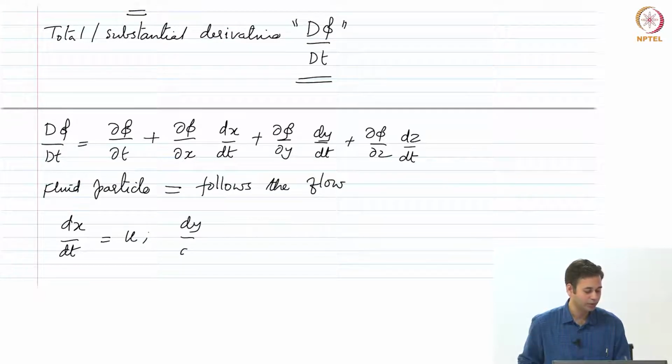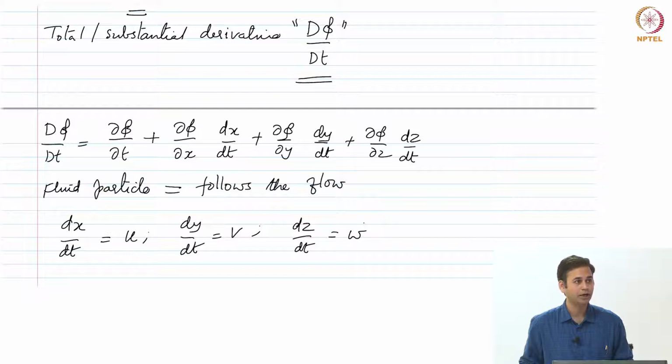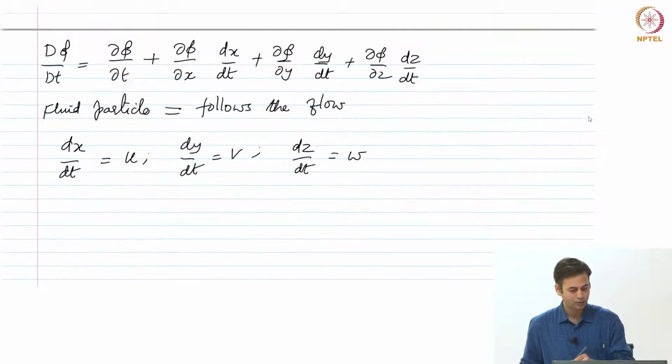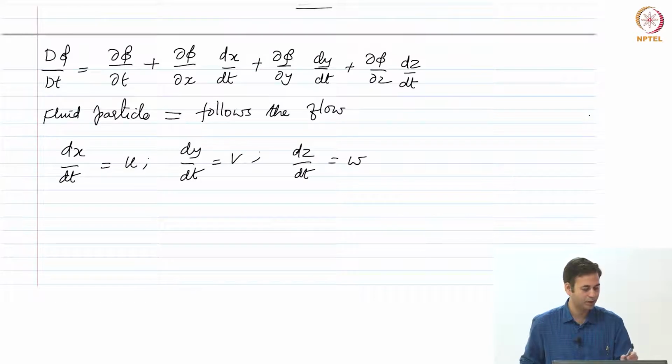Similarly, dy dt would be v and dz dt would be w. The time derivatives of these spatial coordinates of the fluid particle's position are nothing but the instantaneous velocity vector. So we are going to substitute these three quantities back into the substantial derivative definition.